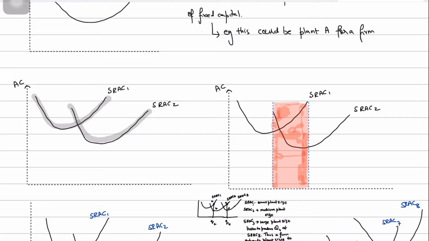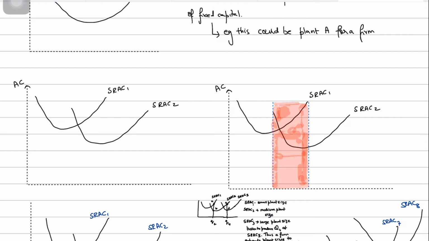This medium-sized plant is more suited to producing larger amounts, so we have another SRAC curve for it, which is SRAC2.